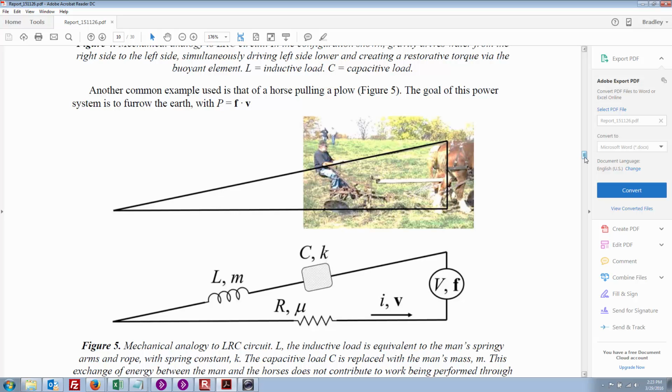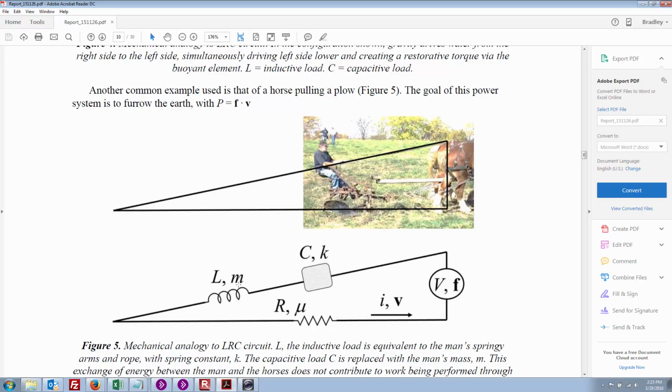Okay, here's another mechanical analogy of an LRC circuit where the goal of this whole exercise is to actually plow the earth, right? So you're trying to take the plow and disrupt the soil. What you don't really want to have happen, but which is going to happen anyway, is the farmer on the back is sort of going to be bouncing to and fro.